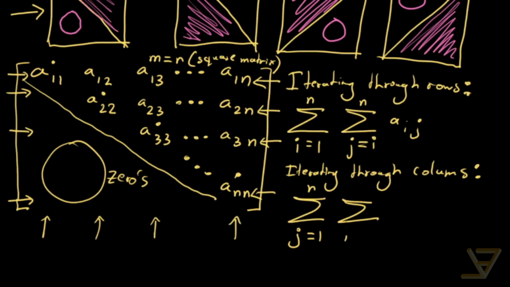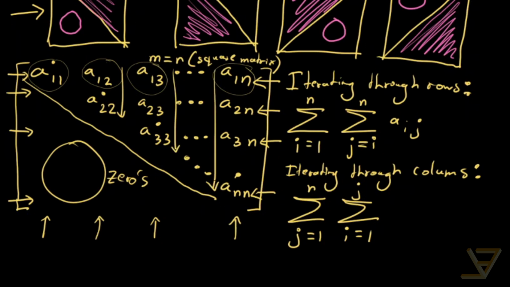But what happens with the i's is that they start with 1. As you can see, we're starting in each column with the 1 in the first entry, but we're only going up to j. See, we stop here, and we stop here, and we stop here.